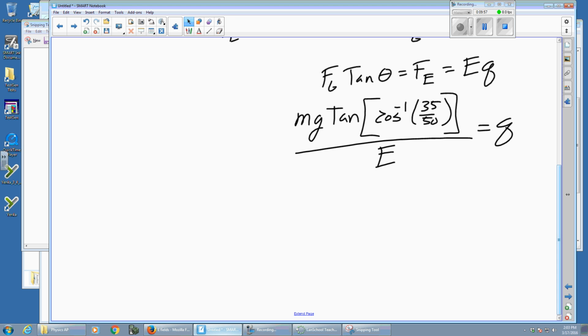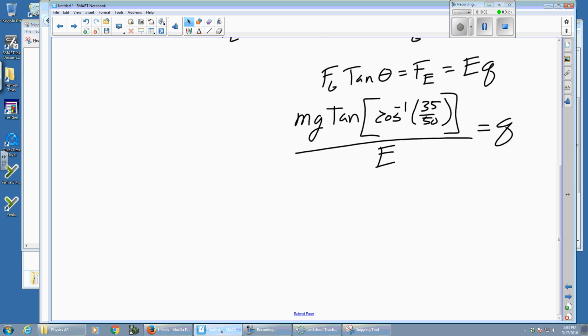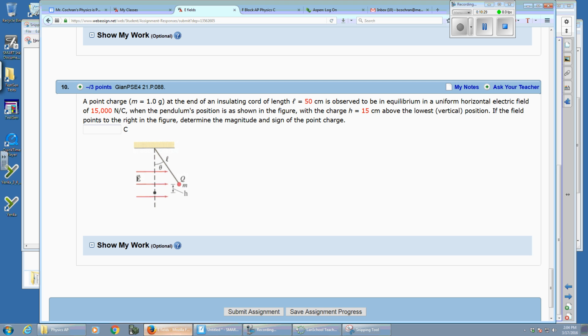So let me try mine while you try yours. We'll see. So 1 gram. 15,000 newtons per kilo.